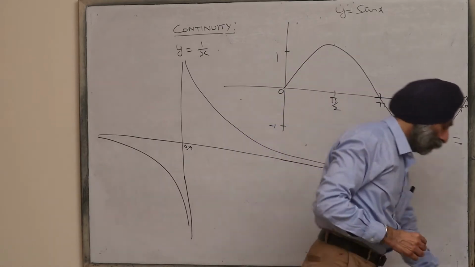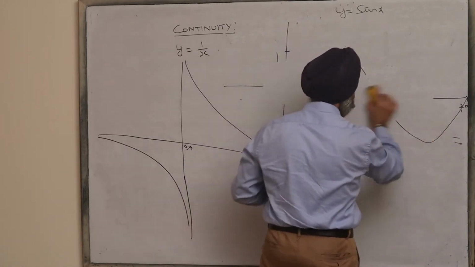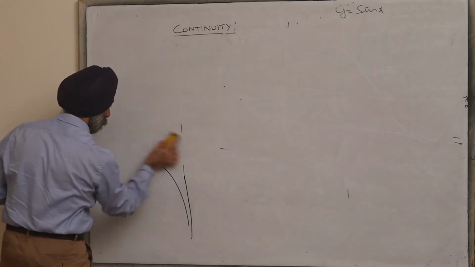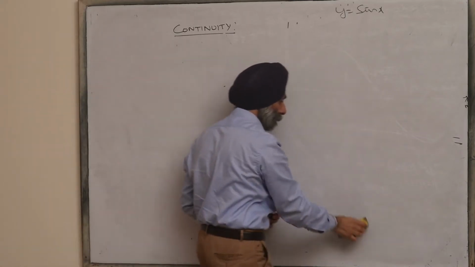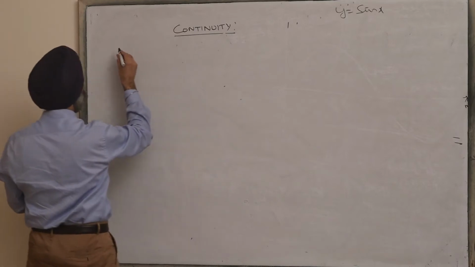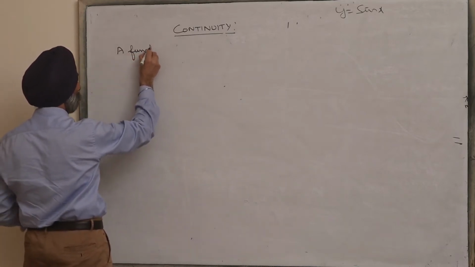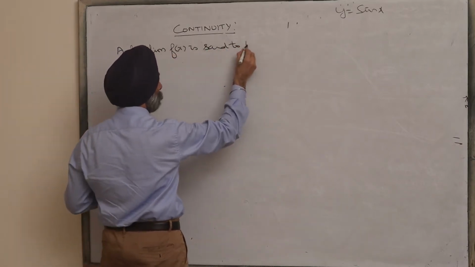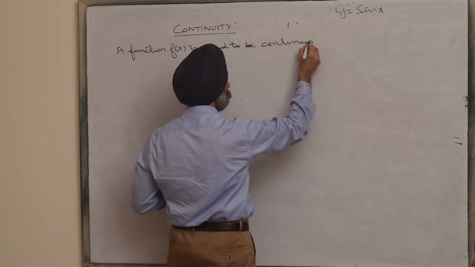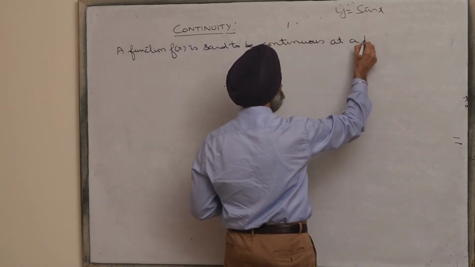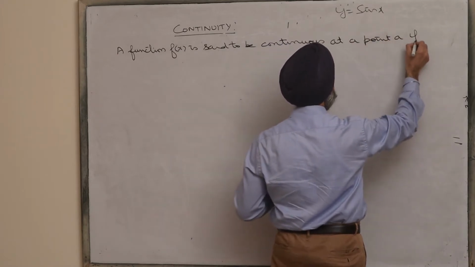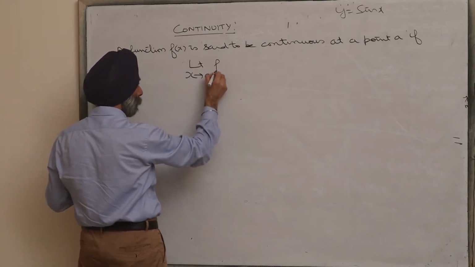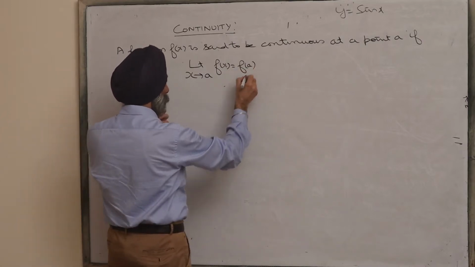Now next, what do you mean by continuity? A function f(x) is said to be continuous at a point a if the limit as x approaches a of f(x) is equal to f(a).